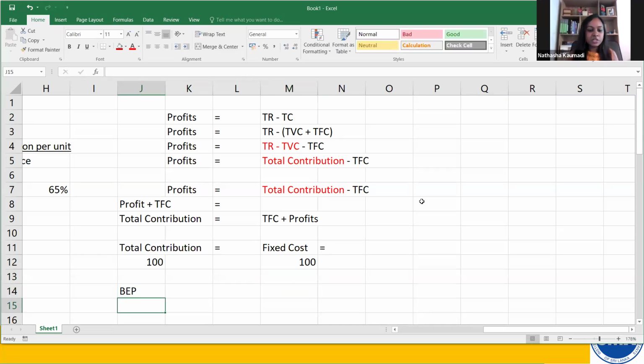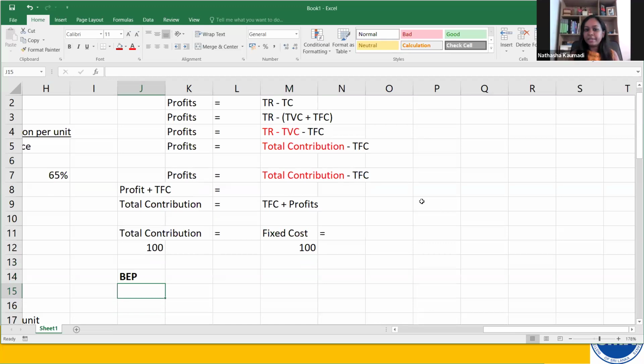So another interpretation for your break-even, I would say. Previously we told break-even point is the point where TR equals TC. Are you clear? Now give me another relationship for this.